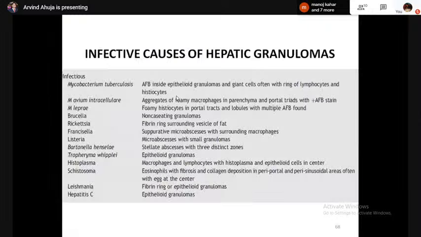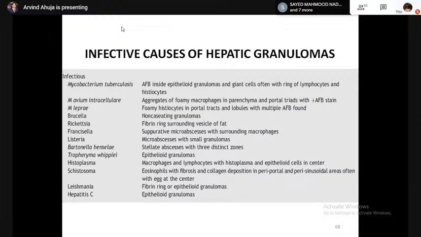So there is a long list of infective causes of hepatic granulomas. The most common we have seen is Mycobacterium tuberculosis, or MAI, Mycobacterium avium intracellulare, in cases of immunocompromised patients. It could be due to Coxiella, which shows fibrin ring granulomas, a fibrin ring surrounding the granuloma.